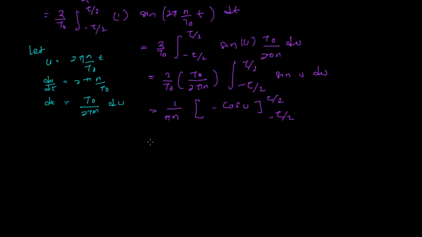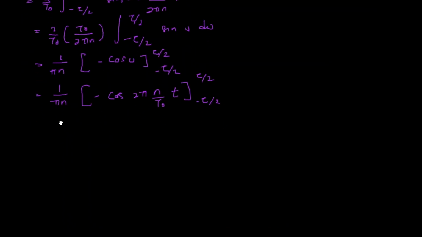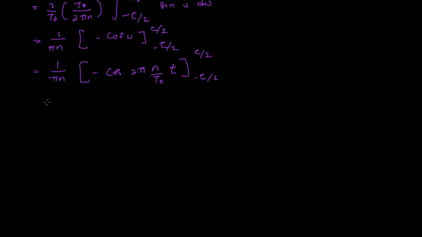So let me substitute back: u is 2 pi n over t0 times t, with limits tau over 2 and negative tau over 2, and this is negative actually. If you substitute in, this is cos 2 pi n over t0 times tau over 2.